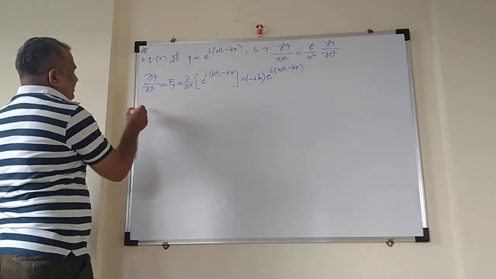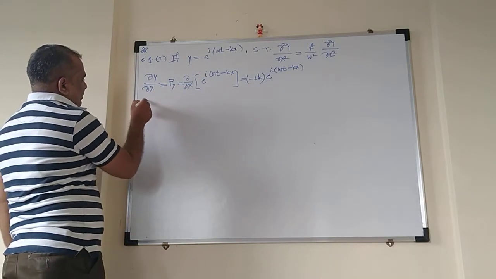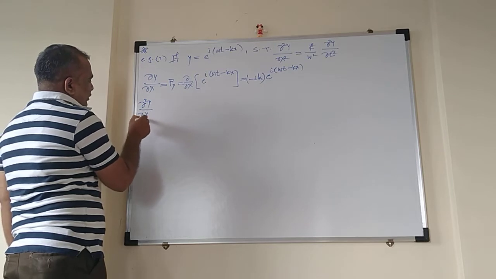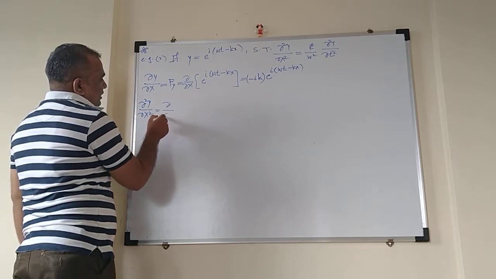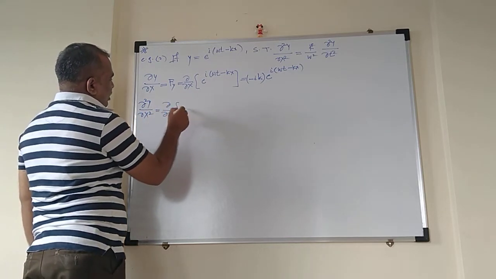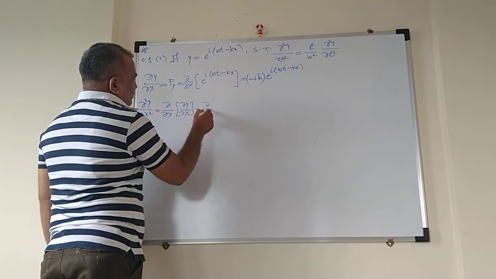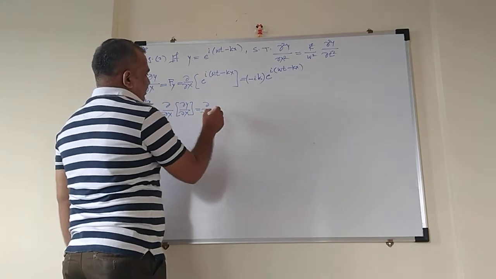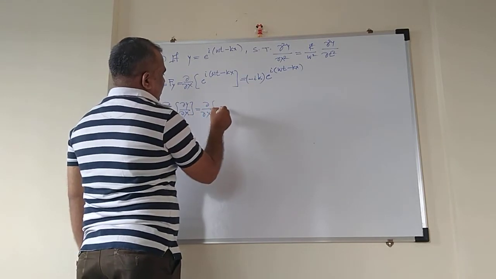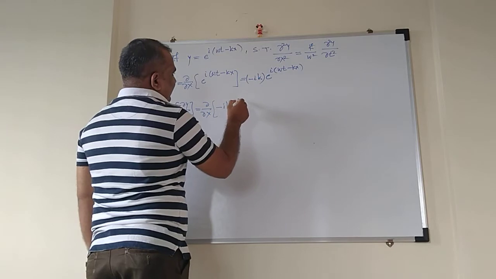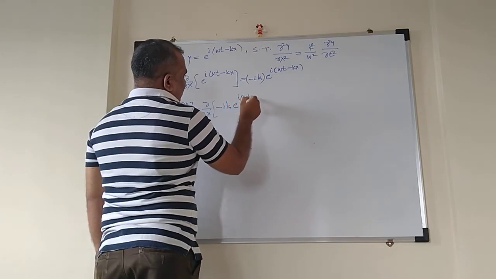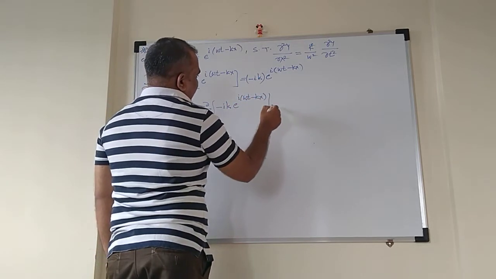If you differentiate again with respect to x, that will give you del 2y by del x square, which is del by del x of del y by del x. This is equal to del by del x of minus i k e raised to i(omega t minus kx).